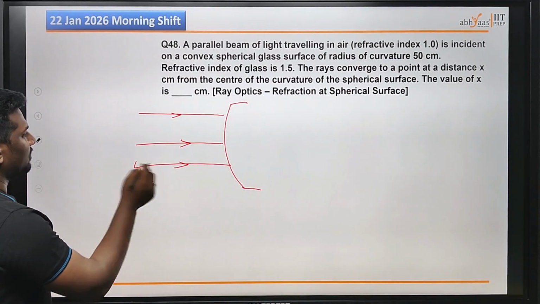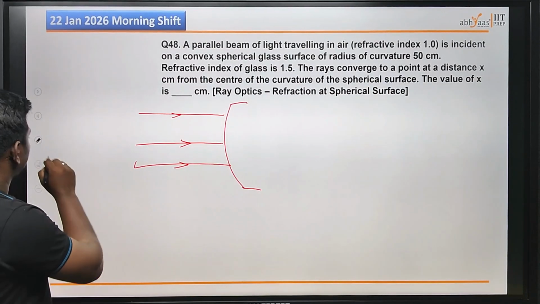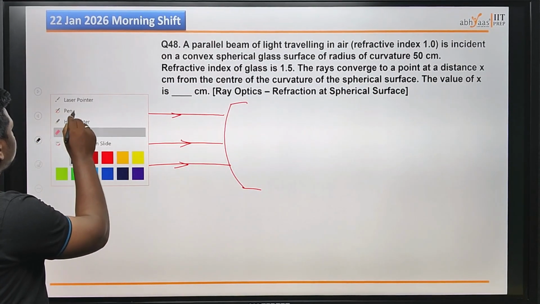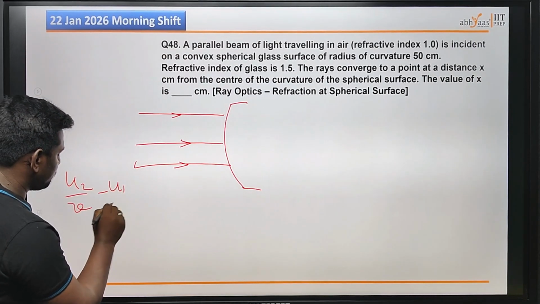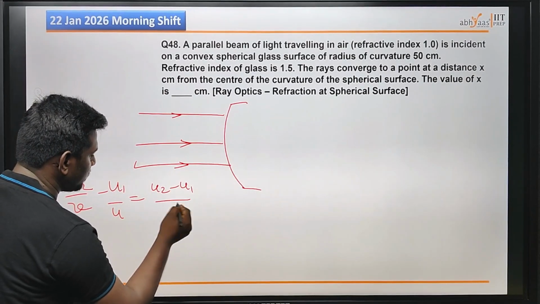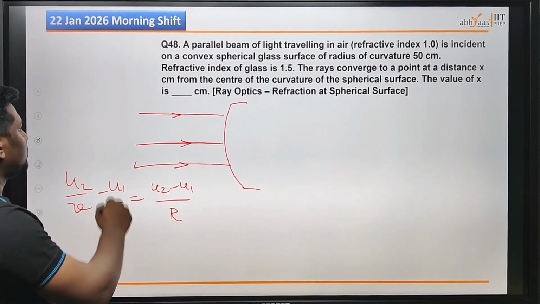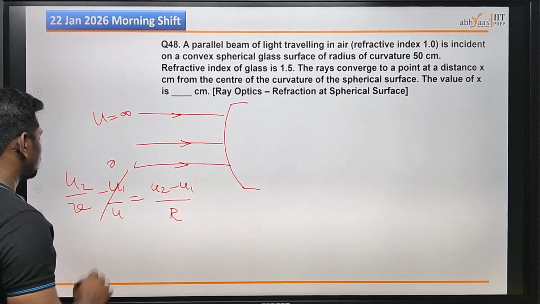The refraction at spherical surface: mu2 by v minus mu1 by u equal to mu2 minus mu1 by R. What is the u value? u value is infinity, so this will be 0.